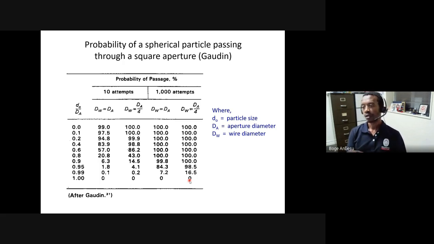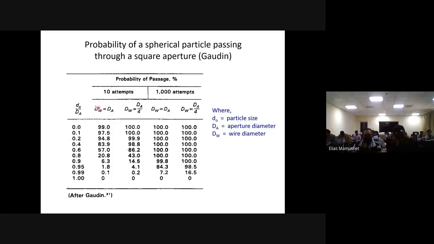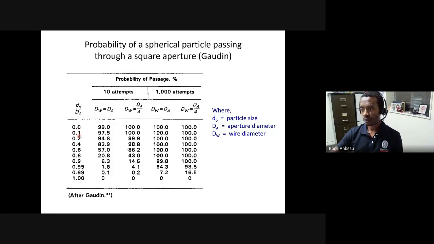Okay, very simple. How about if my particle is very small compared to the opening? So how about this ratio is, for example, 0.1. What I'm saying here is the aperture diameter is 10 times larger than the particle diameter, or basically you can fit 10 particles in that aperture.